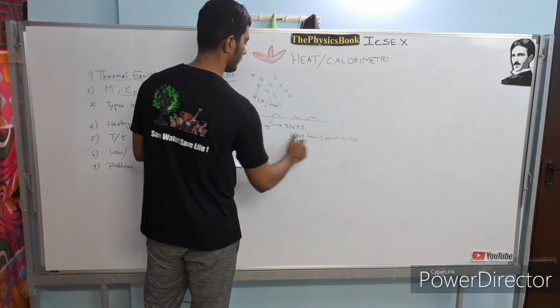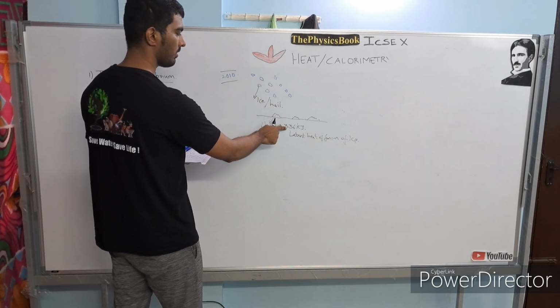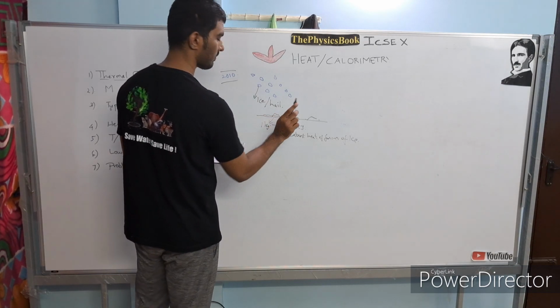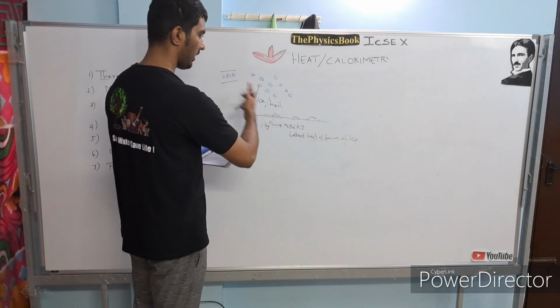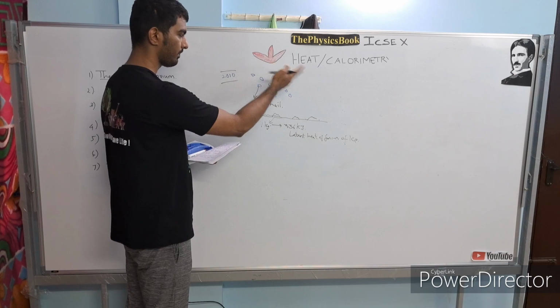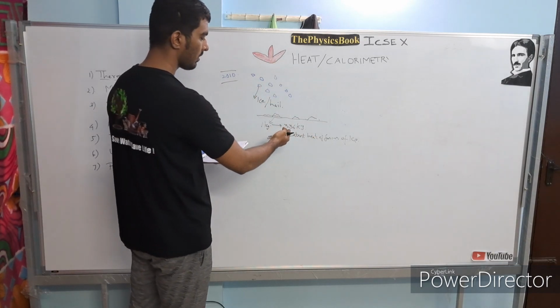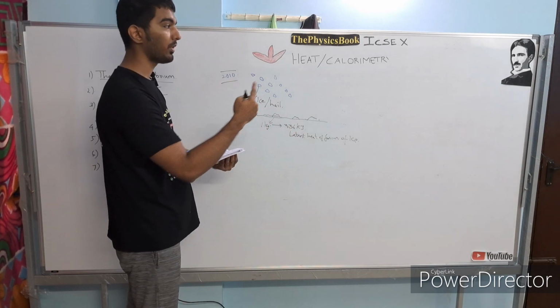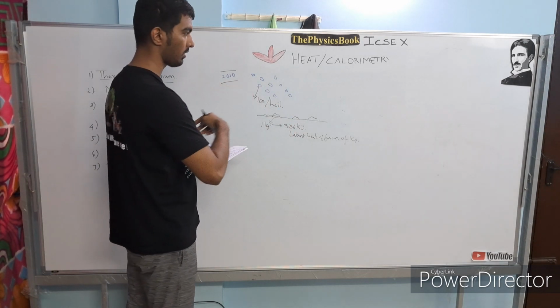So 1 kilogram of ice takes in this much heat from the surroundings and gets converted into water. Assume how many kilograms of ice the hailstorm produces, multiplied by this 336 kilojoules, that much heat it is taking from the atmosphere.